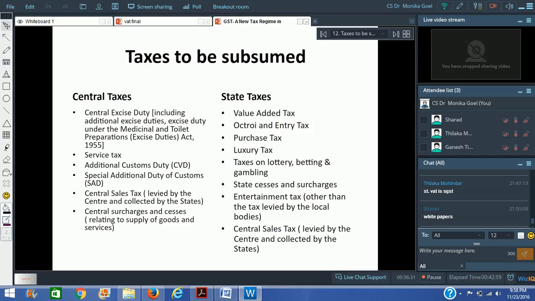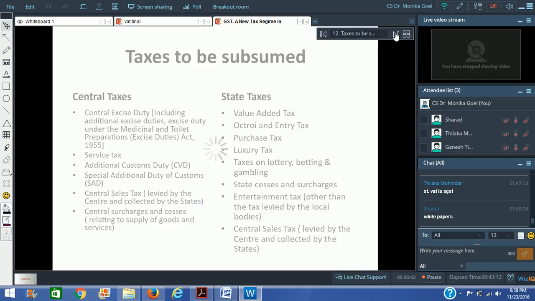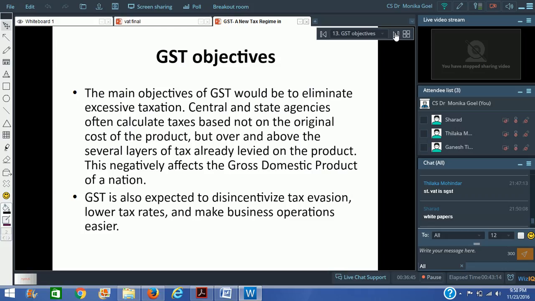At the state government level, value added tax, that is VAT, octroi and entry tax, purchase tax, luxury tax, taxes on lottery, betting and gambling, state cesses and surcharges, entertainment tax, and central sales tax, if levied and collected by the state governments, will come under the state GST.